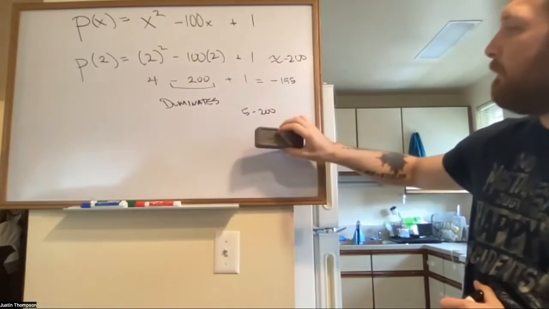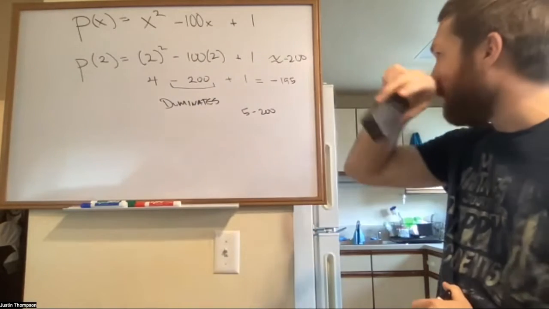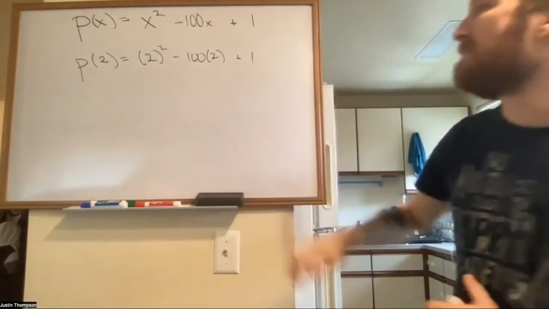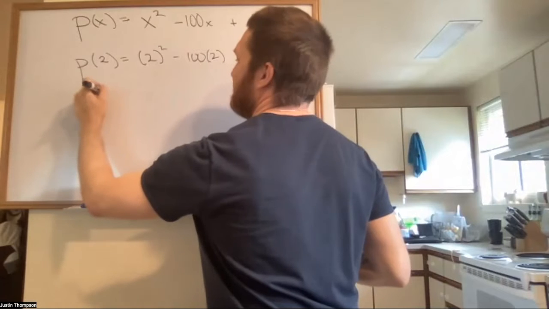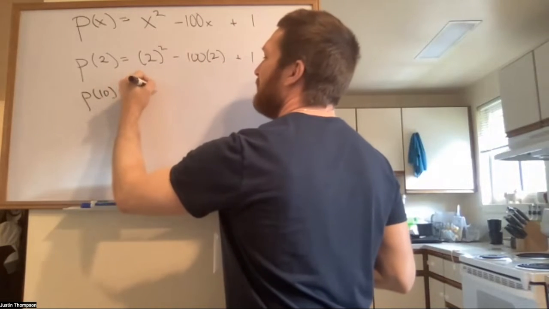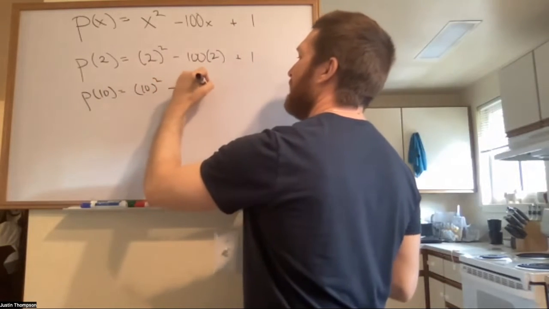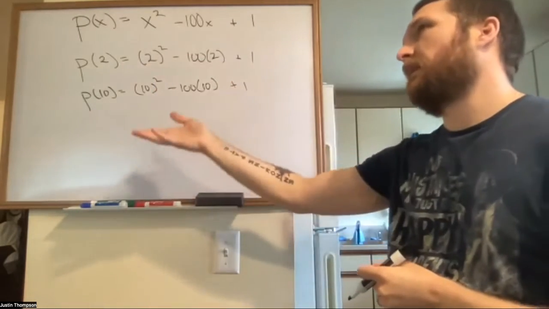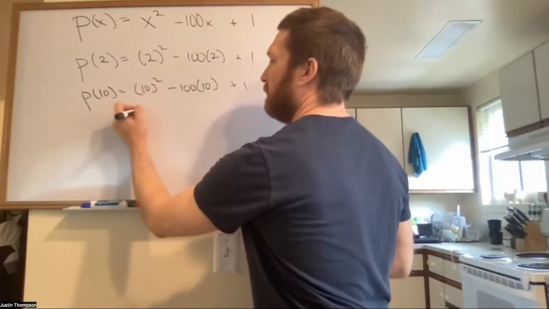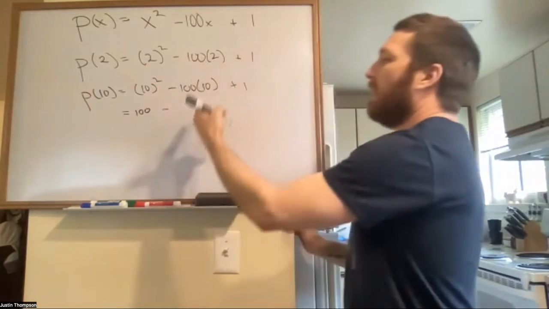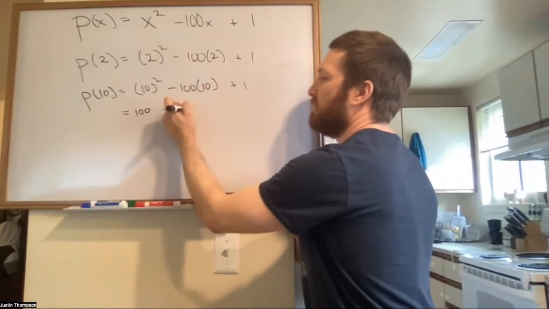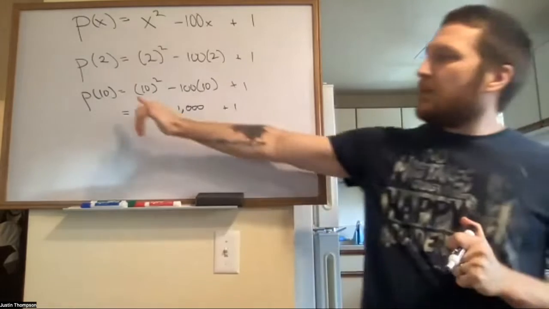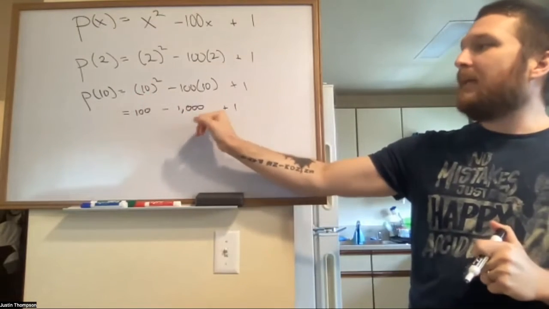But watch what happens when we plug in bigger and bigger numbers. Let's try 10. That's not very big at all. We have 10 squared minus 100 times 10 plus 1. 10 squared, 10 times 10, is 100. Minus 100 times 10, we're throwing on one more 0, so that's minus 1,000, plus 1. This term is still dominating the equation.